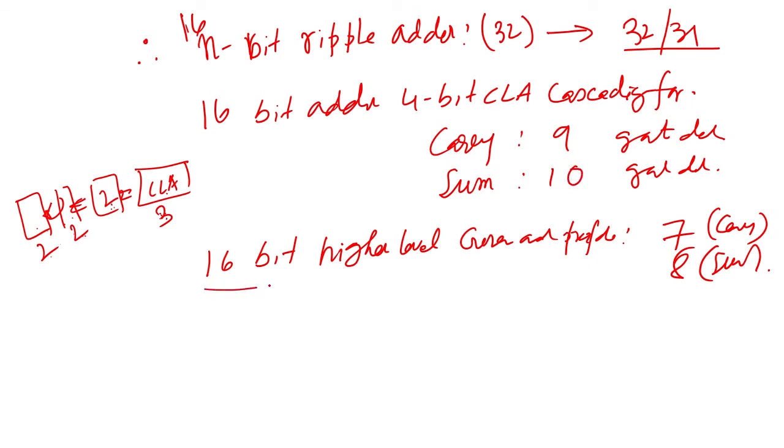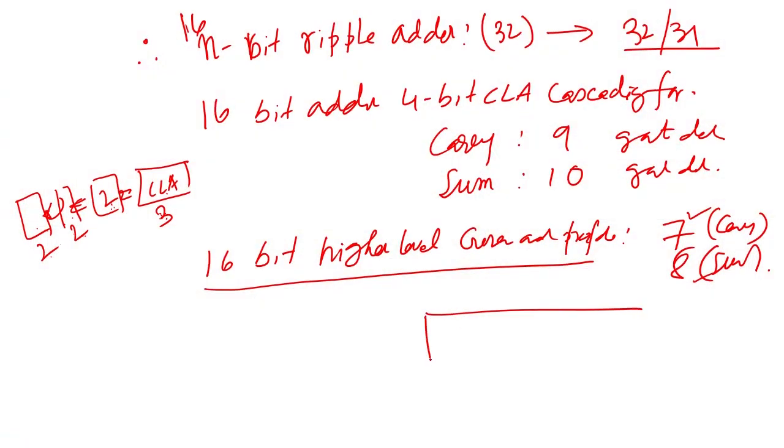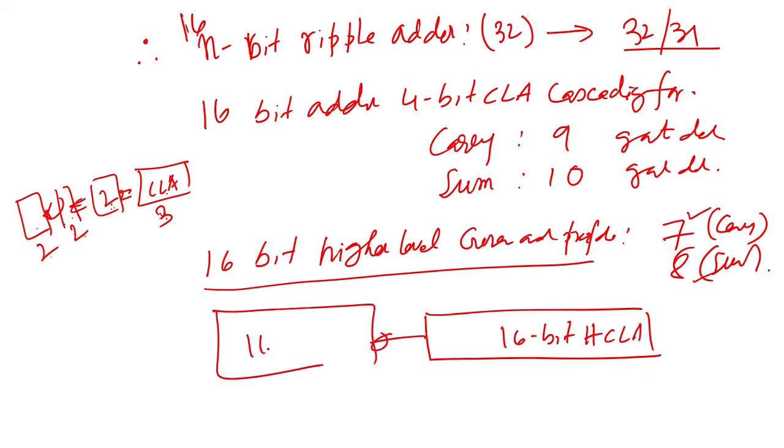Now, if you use the 16-bit higher level, the gate delay will be 7 and 8. Now, if you want to use 32 bit, what can you do? You have an option. This is the 16-bit higher level CLA. You cascade it here with another 16-bit higher level CLA. Here the output will be 7 and then inside the CLA another CLA level.